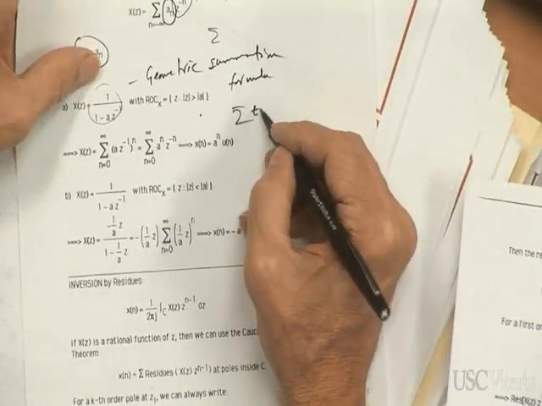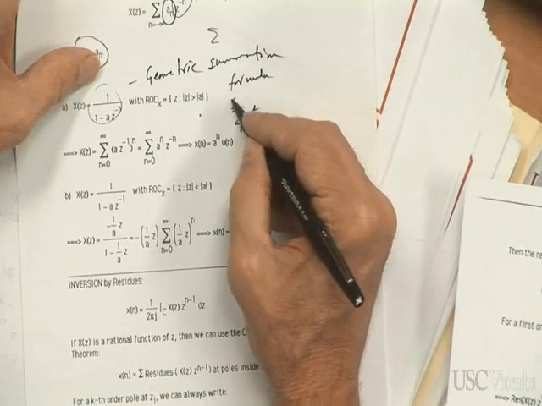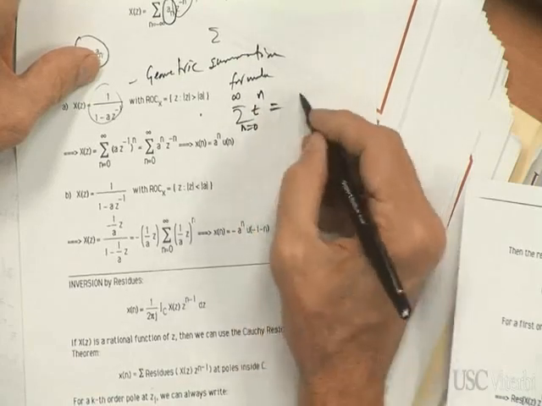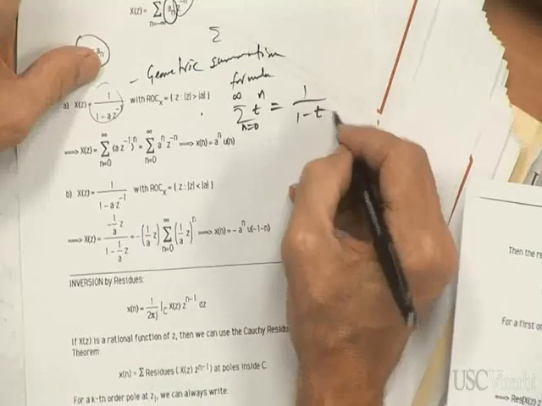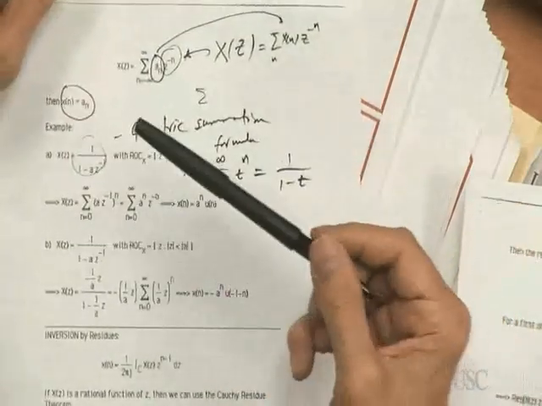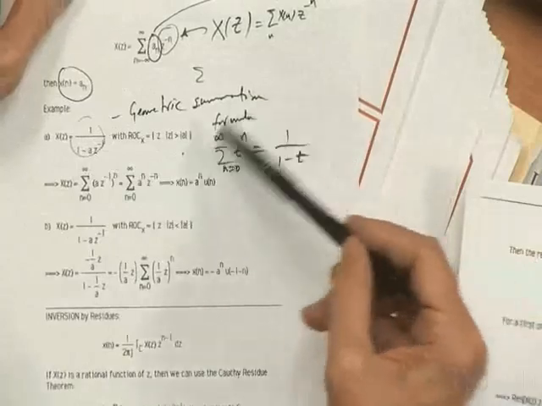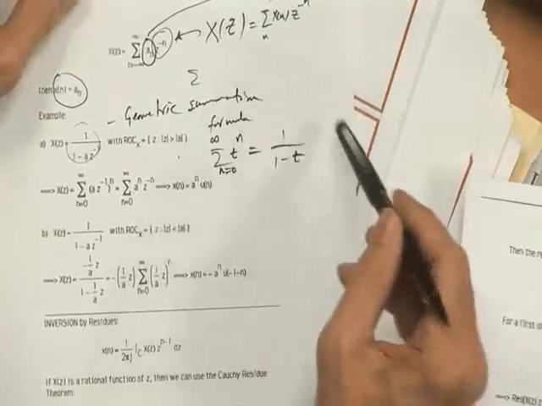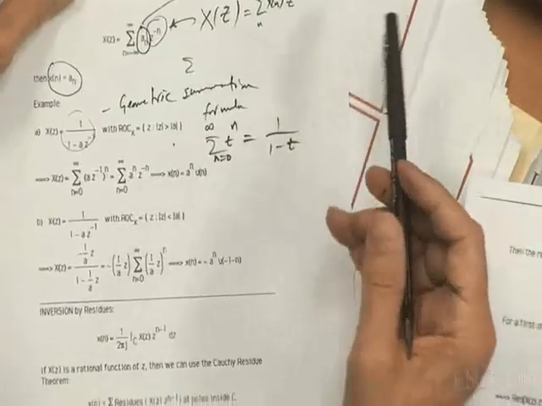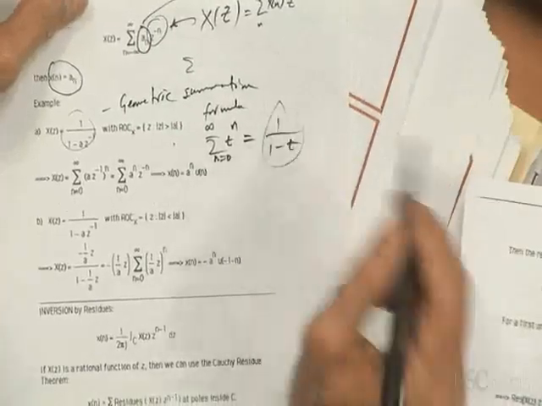Recall the formula, 1 over 1 minus t. So if you can expand it into a geometric sum form, then you immediately have this result.